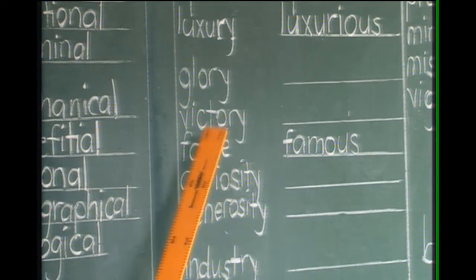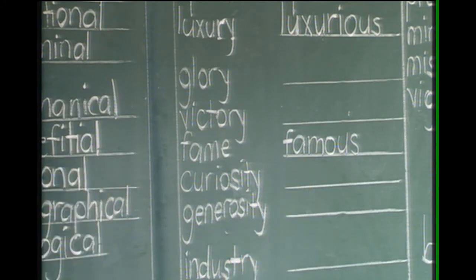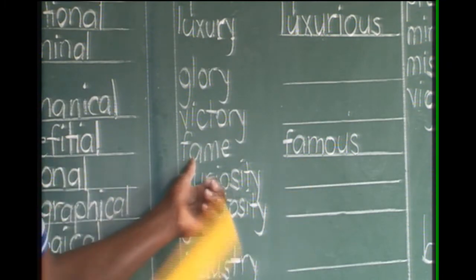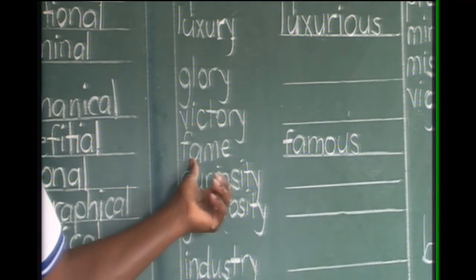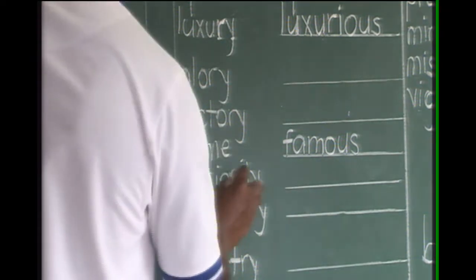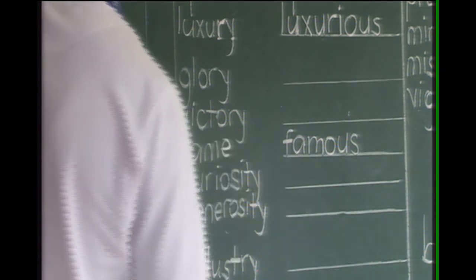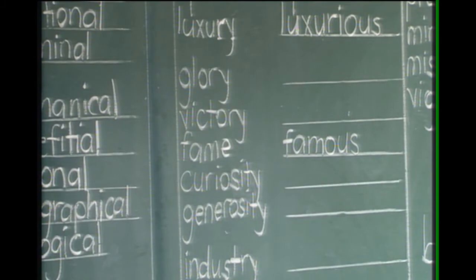Never. Famous means well known. If you are well known, you may be well known when you are not liked. I don't want to give examples of people, but some people are well known to almost everybody, but they are not liked at all. Yes, famous.